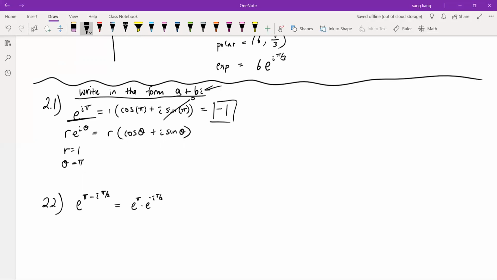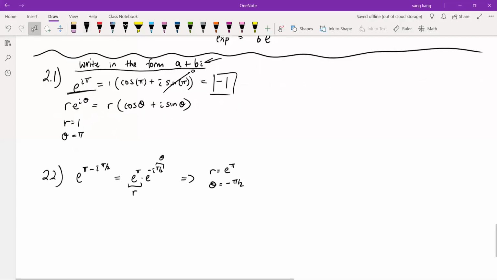So that means this is my r, right? And this is my theta, actually with the negative sign, right? The negative sign is included in that. So if I rewrite this, r equals e to the pi, and theta equals negative pi over 2. Don't forget the negative.